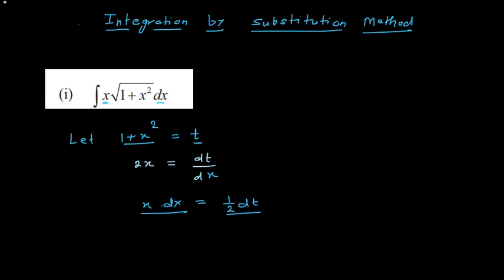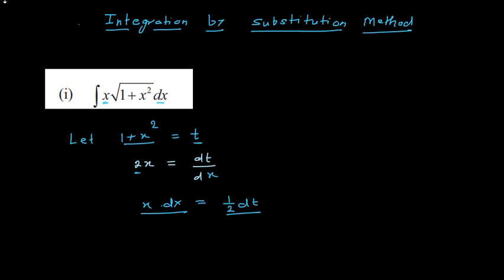Here we substitute with t a function whose derivative is already present in multiplication form. For 1 plus x square, the derivative is 2x, but you need not worry about the constant.